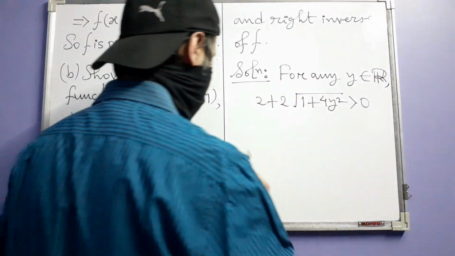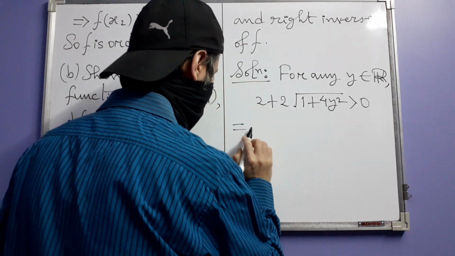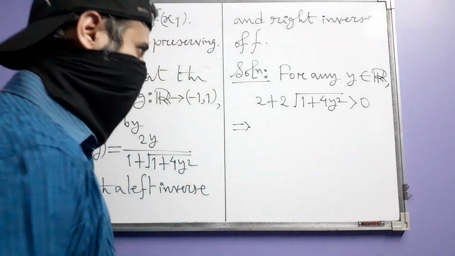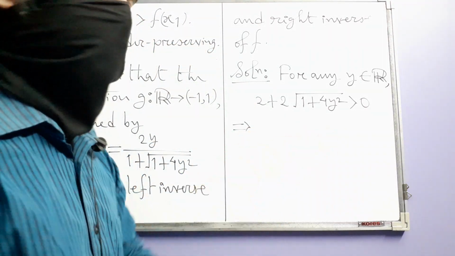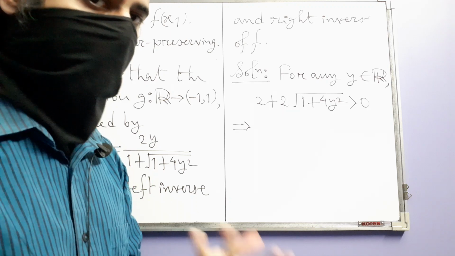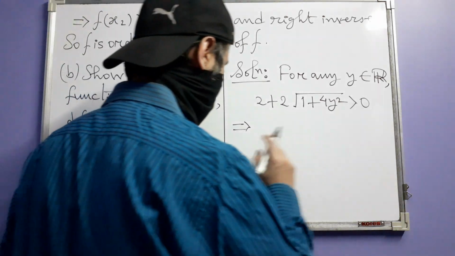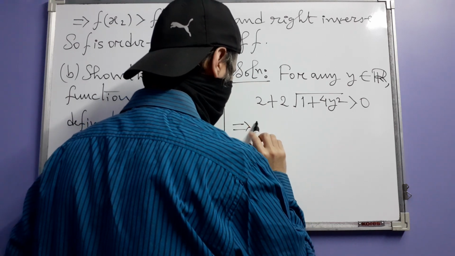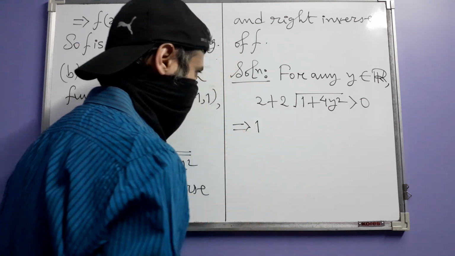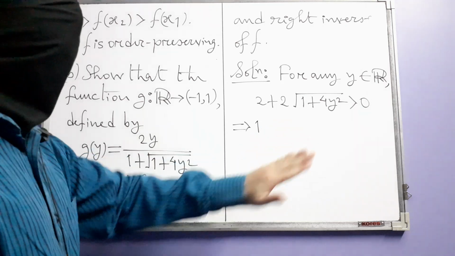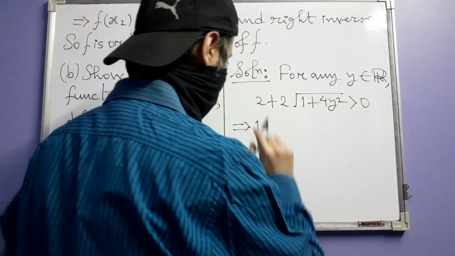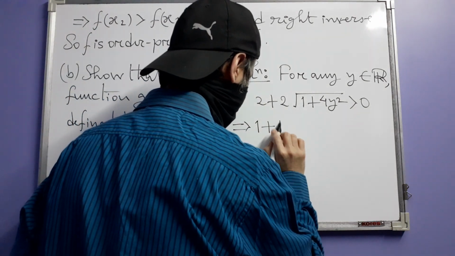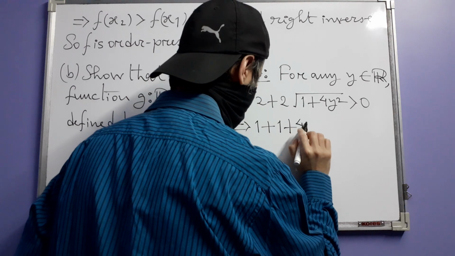Okay, so this is positive. Now what do we do? We add 4y square to both sides, which we can do by laws of inequality. And in that also, we split this 2 into 2 ones. We write one separately and with another one we write that 4y square.